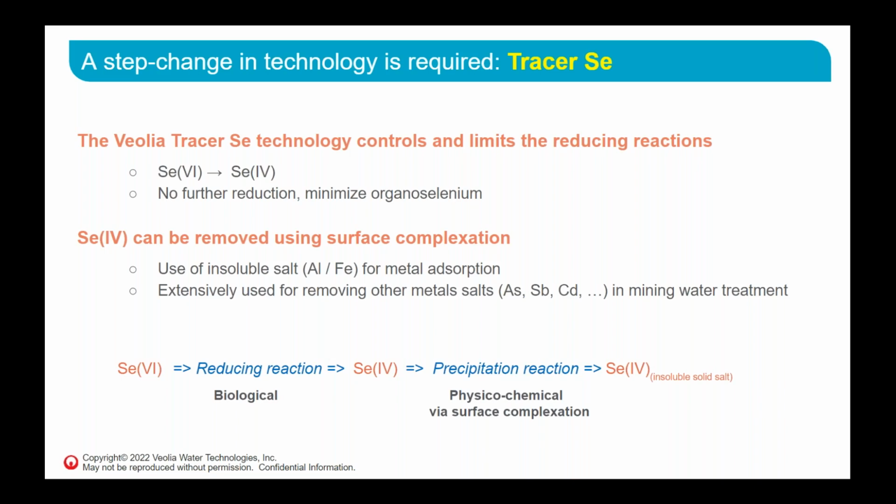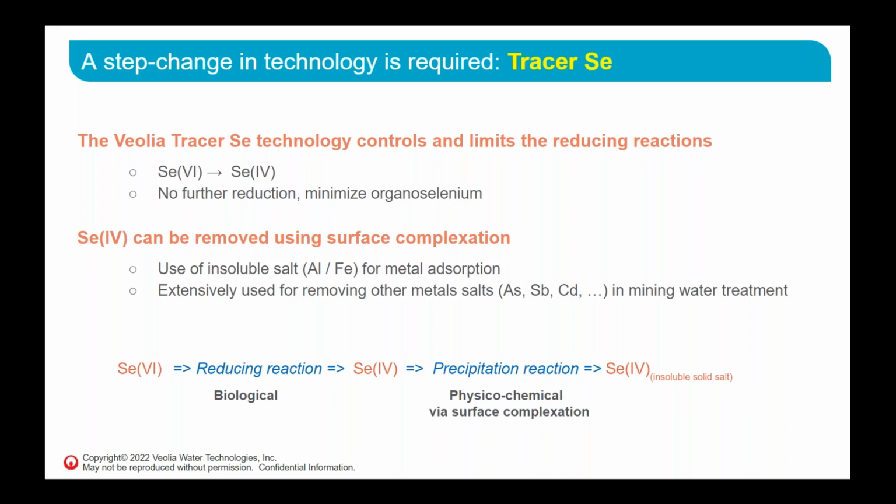The selenite can be removed using surface complexation through a physico-chemical treatment. The surface complexation is the use of an insoluble salt, mainly aluminum or iron, for metal adsorption. So the main objective is to create an aluminum or iron crystalline structure, while recirculating some metallic sludge that will eventually, with the pH conditions, attract either heavy metals or oxyanions on the surface.